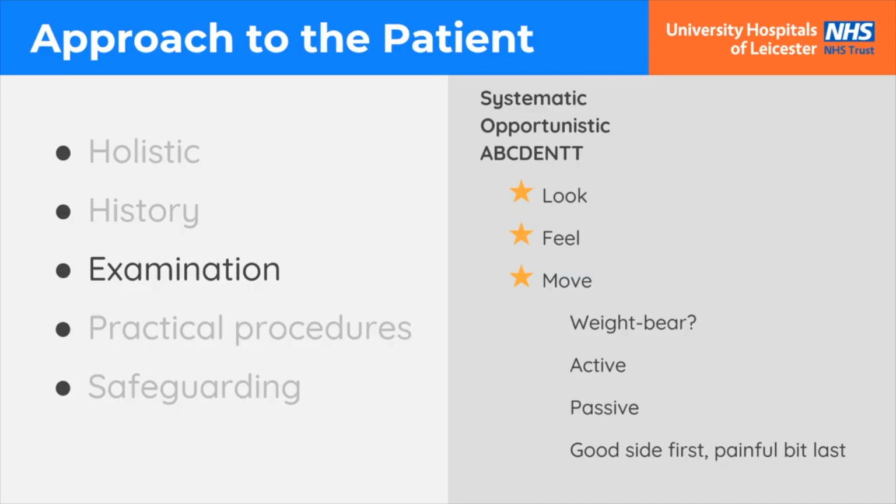All the while, we need to be opportunistic, and so as far as possible, we need to observe the child demonstrating what they can do themselves actively. You should be able to see a child's ability to weight bear and their gait just by observing them interacting with their carers, parents, people they trust.